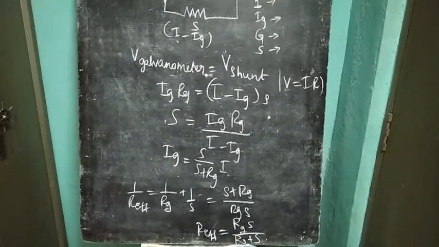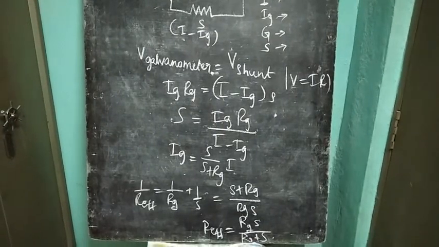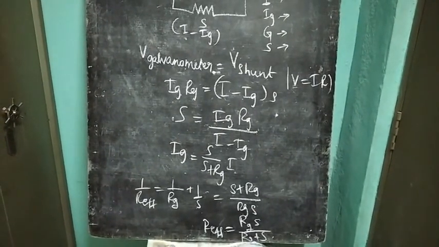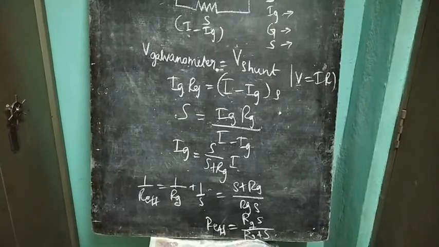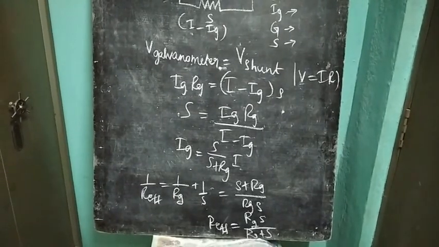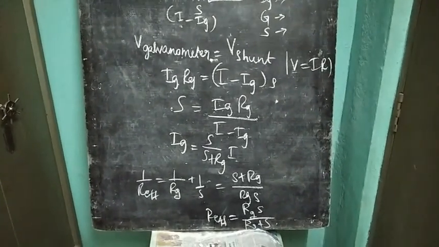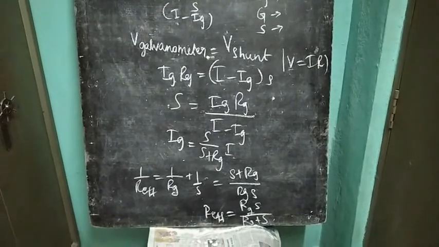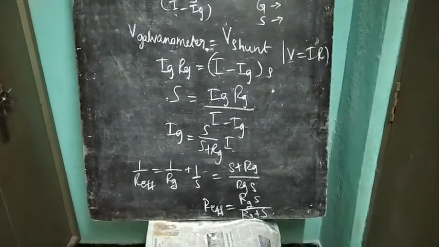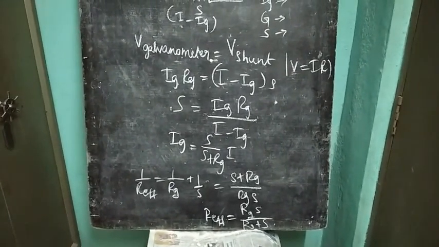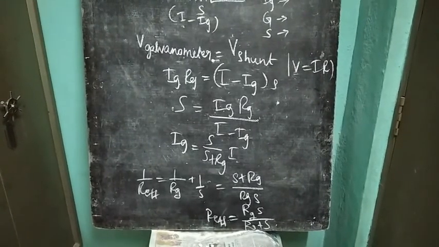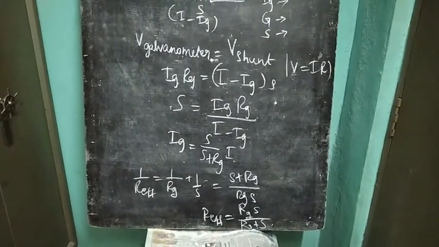So when the ammeter is connected in series, it will not change the current in the circuit appreciably, and we can measure the flow of current in the circuit. For an ideal ammeter, the resistance must be equal to 0.